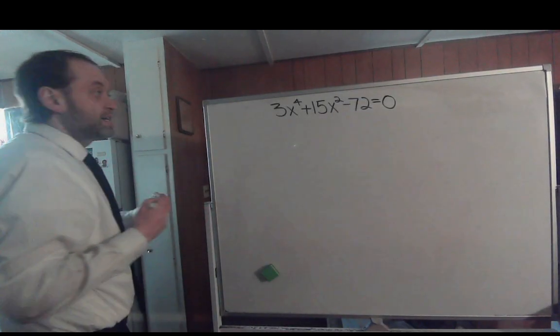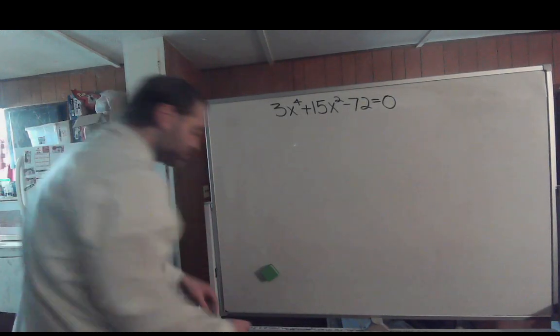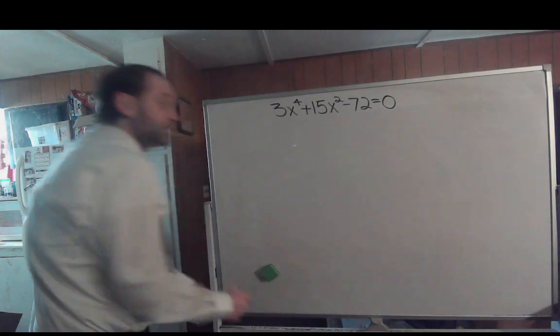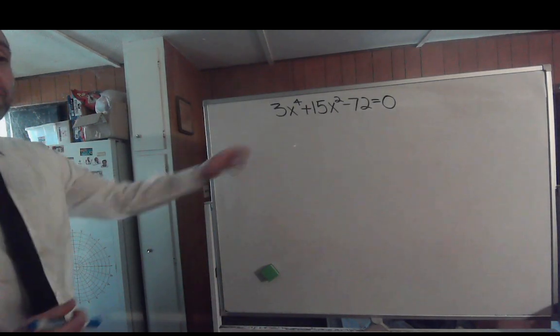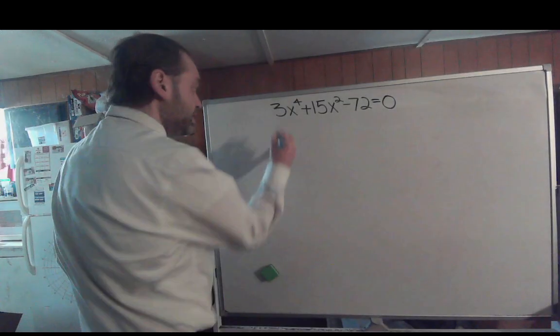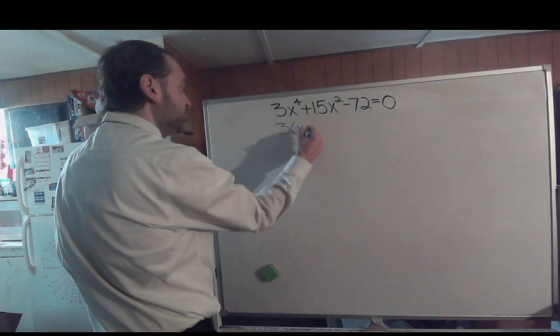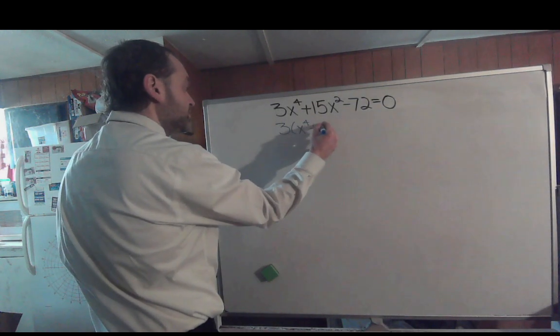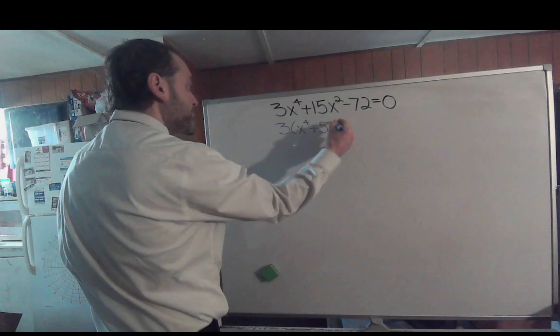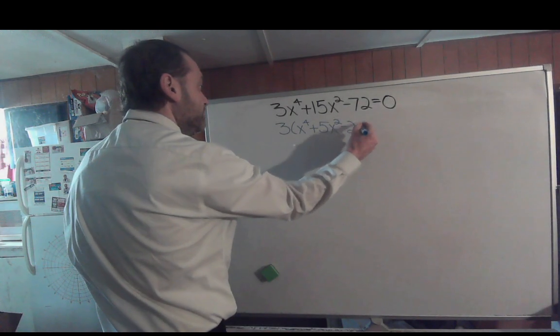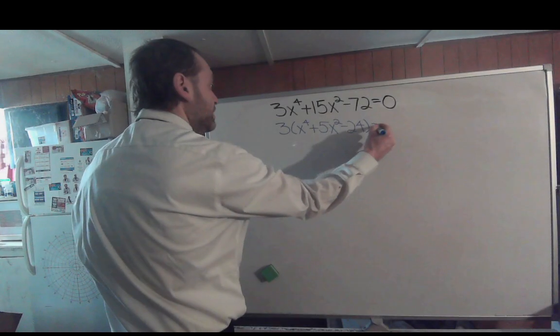So we have 3x to the fourth plus 15x squared minus 72 equal to 0. Well, you could definitely factor out a common 3, right? So that'd be 3 times the quantity x to the fourth plus 5x squared minus 24 equal to 0.